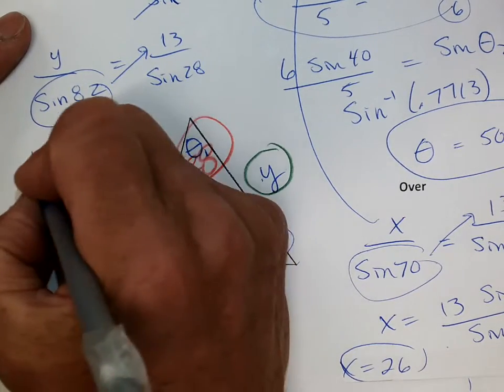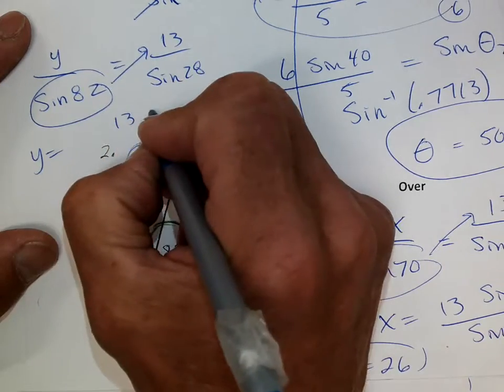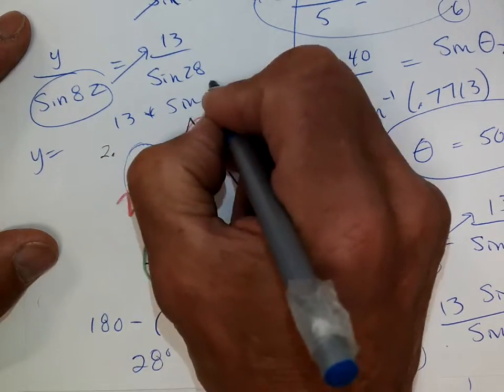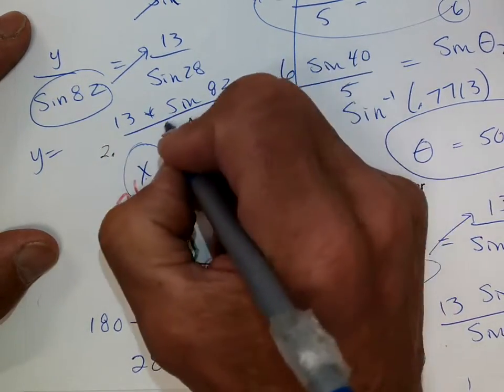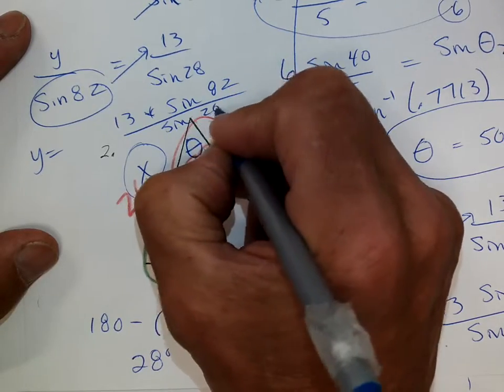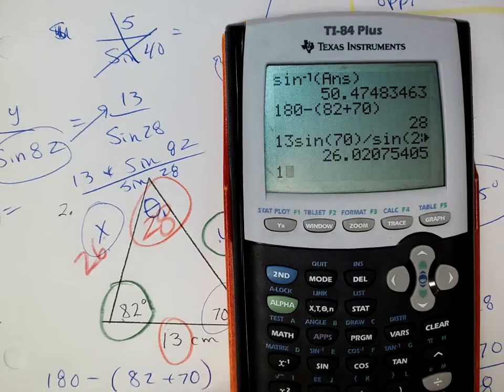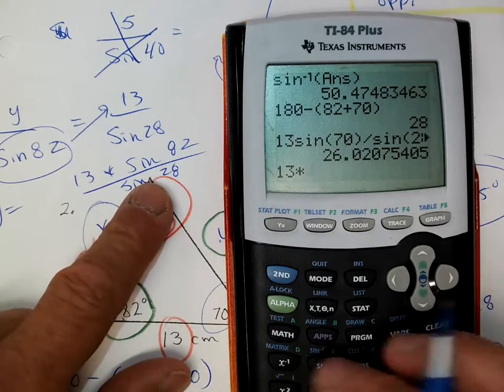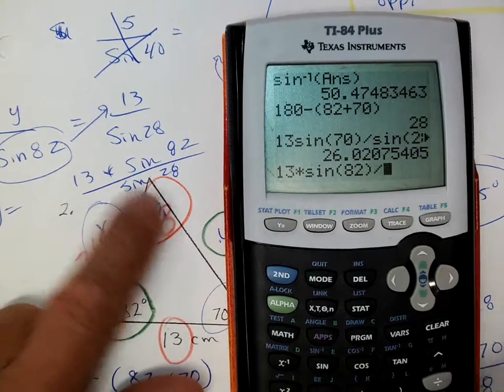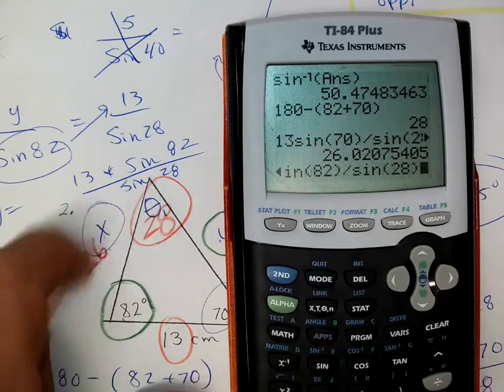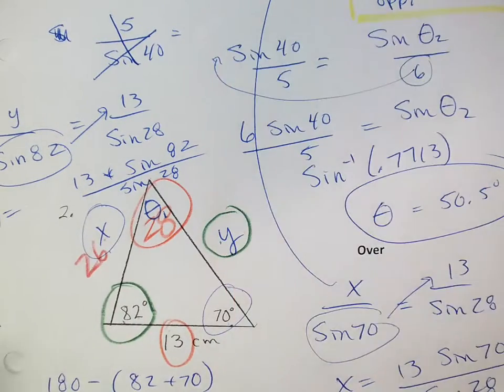And I'll have then y is equal to 13 times the sine of 82 divided by the sine of 28. Sorry, it's so squished in there. And I'm just going to use my calculator to get it. So we'll go 13 times the sine of 82 divided by sine of 28. Boom. And the answer is about 27.4.